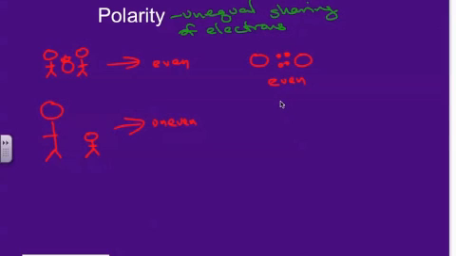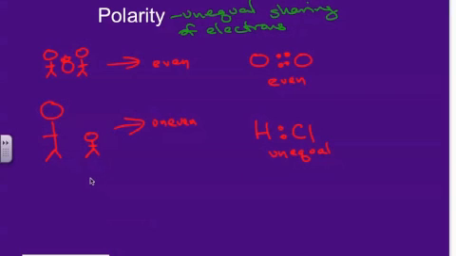However, when we have 2 different elements, for instance, hydrogen and chlorine, sharing could be unequal. The reason why is if we look back to electronegativity.